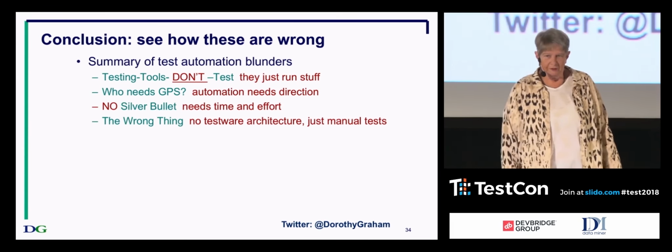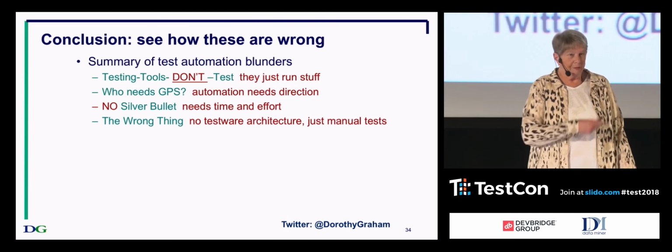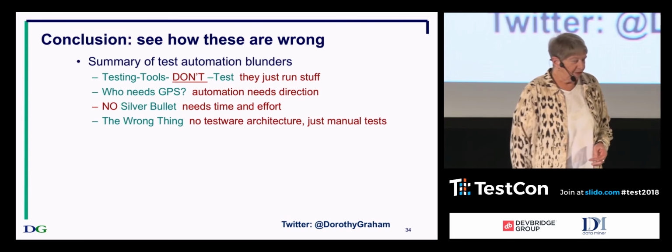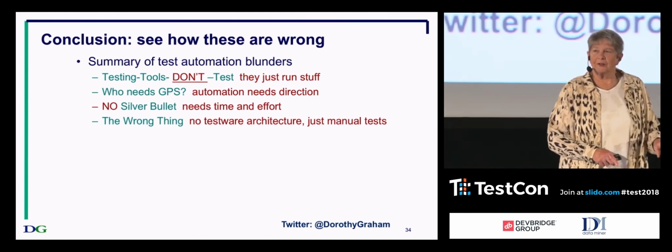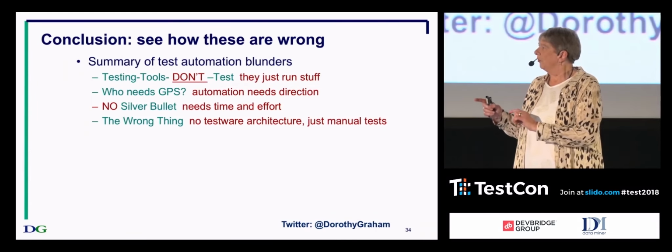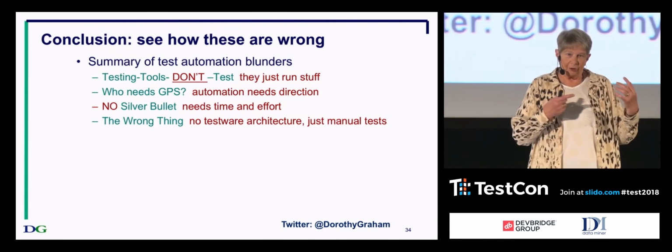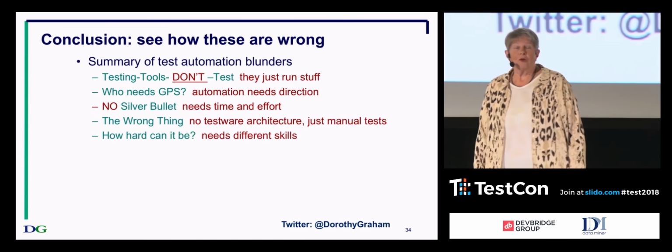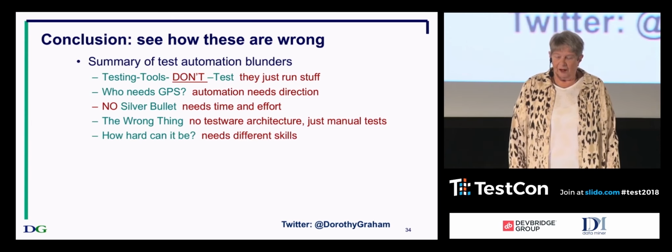Don't automate the wrong thing. You need a testware architecture to make sure you structure your automation well. Don't just automate manual tests, because you will miss benefits if you don't think about what the tools can do that you can't do manually. And don't automate all the manual tests either.